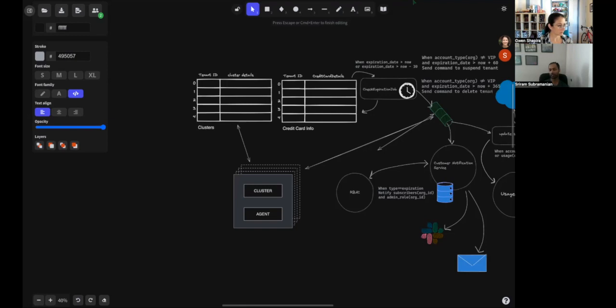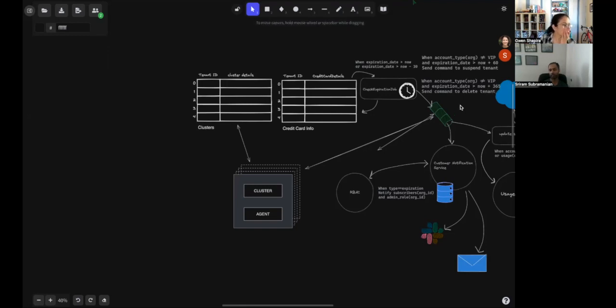And then the nice thing about this model is, imagine that the customer had many such clusters. You will have that logic in one place. And when the event bursts out, all the data planes will take the right actions. The other thing would be that the central system will again take a decision on what permanent deletion for this tenant means, right? And this could be configurable per tenant or per SKU or something.